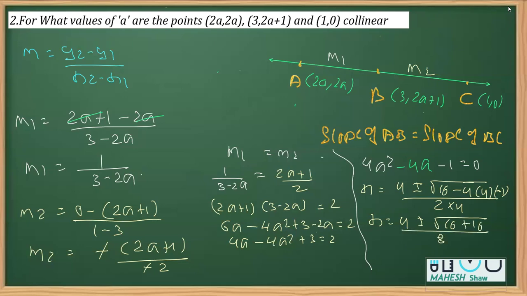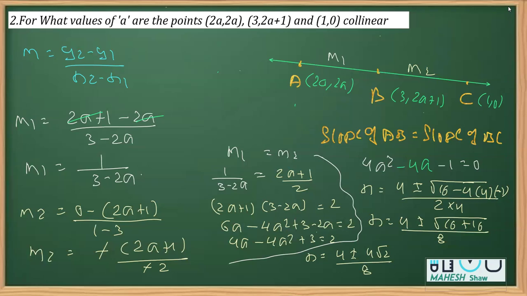Now I can further write this as 4 plus minus under root 16 into 2, so I can take out 4 outside and write root 2 over here, divided by 8.